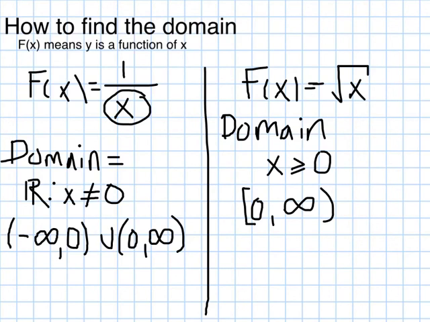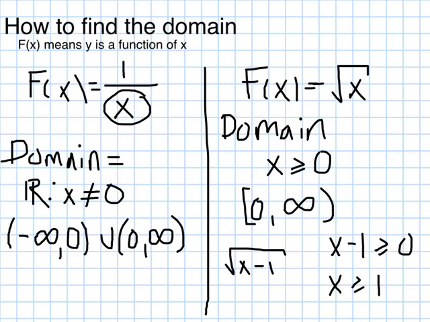So that's how you would find the domain if it were inside the function notation. And of course, that could alter. So if I had the square root of x minus 1, then we know that x minus 1 has to be greater than or equal to 0. So x would be greater than or equal to 1. And you could write the interval notation based off of that.